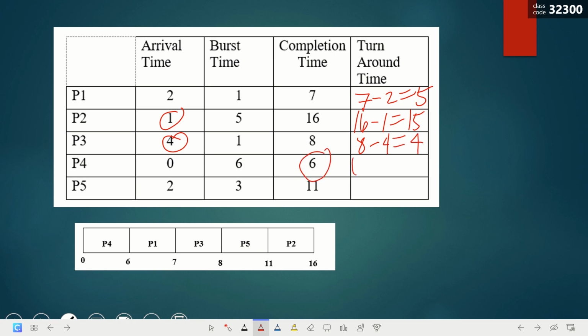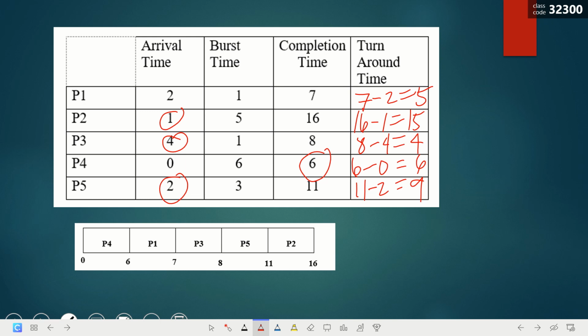And then 6 minus 0 is equal to 6. Then 11 minus 2, we have 9. Okay?